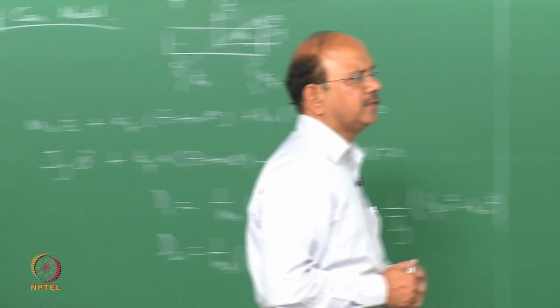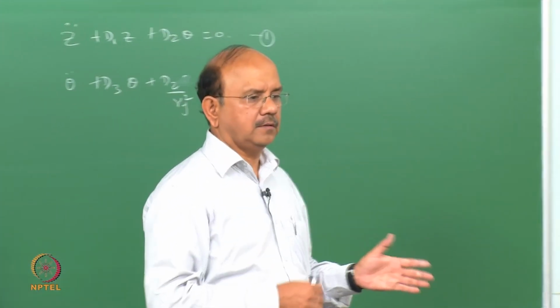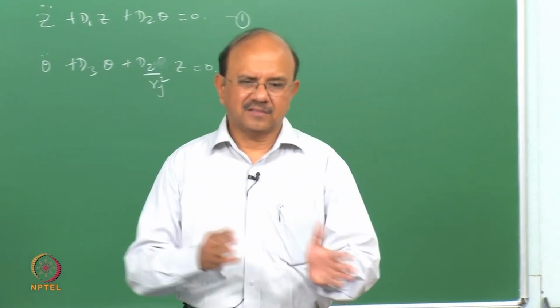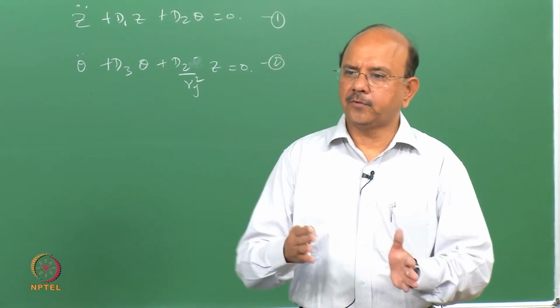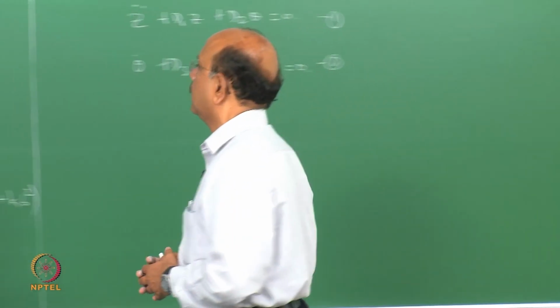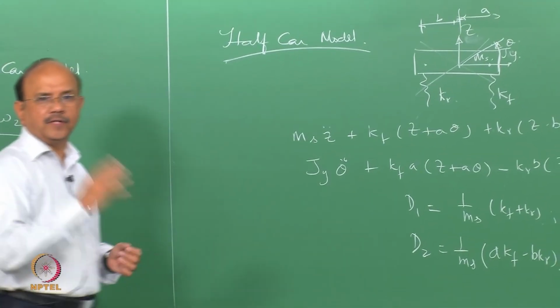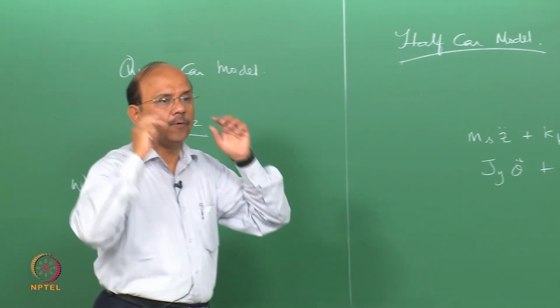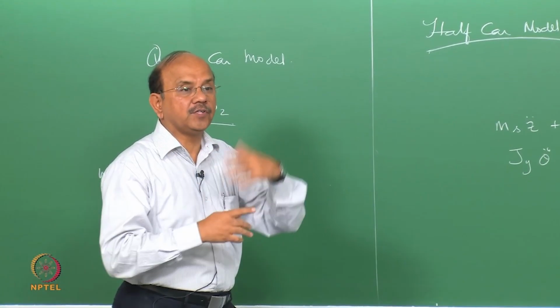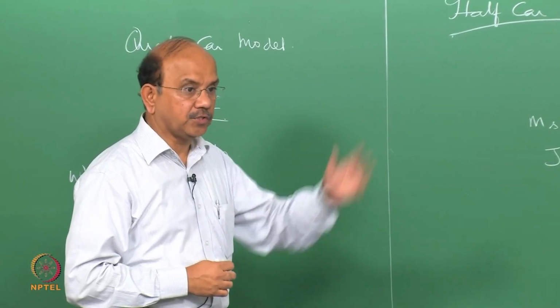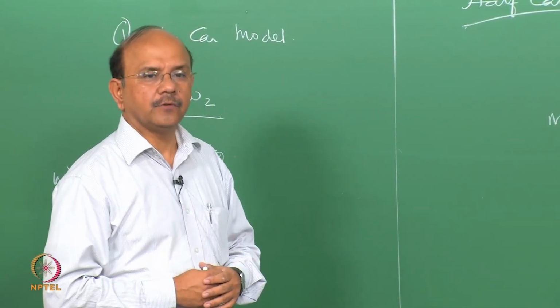It's slightly behind the front seat, so maybe one-third of the distance between the front and the rear seat. We can calculate that. In fact, one of the exercises you can do is how to determine the moment of inertia and the position, A and B, from a simple experiment. It's a good experiment to do.